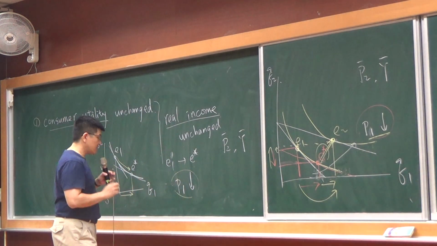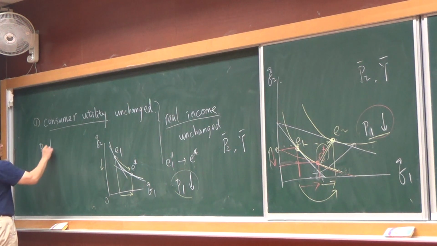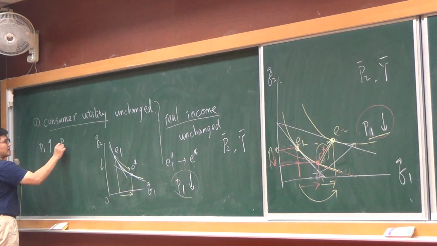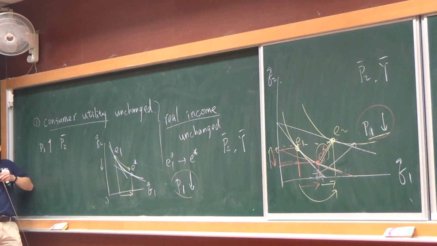But on the contrary, if P1 increases with constant P2, relatively good 1 is more expensive, and good 2 is cheaper.